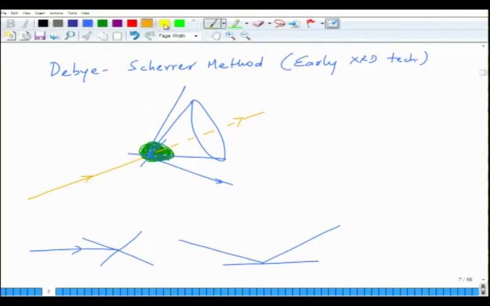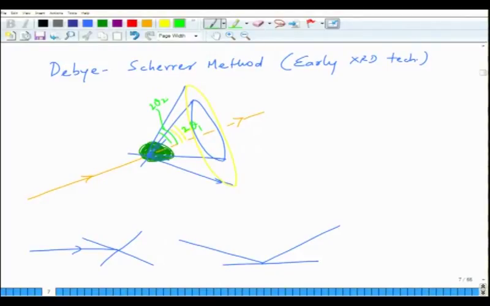You will have another cone which will correspond to another set of planes, and again you can see this angle should be 2 theta. So this is 2 theta 1, this is 2 theta 2.